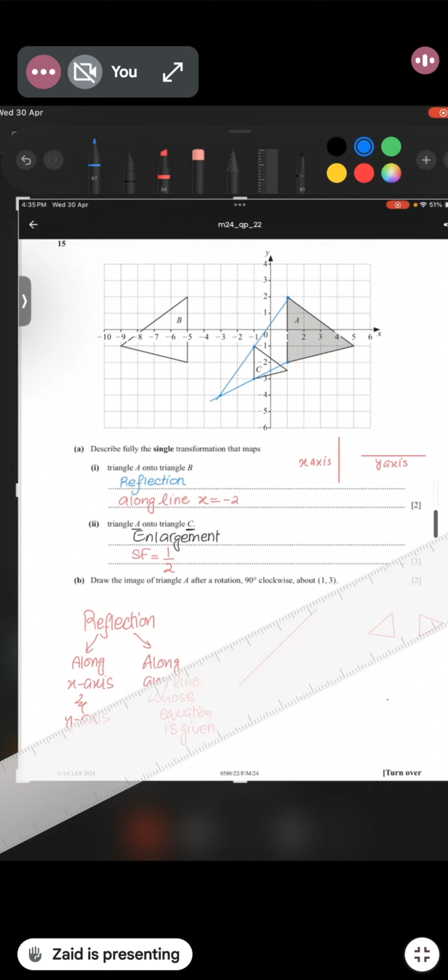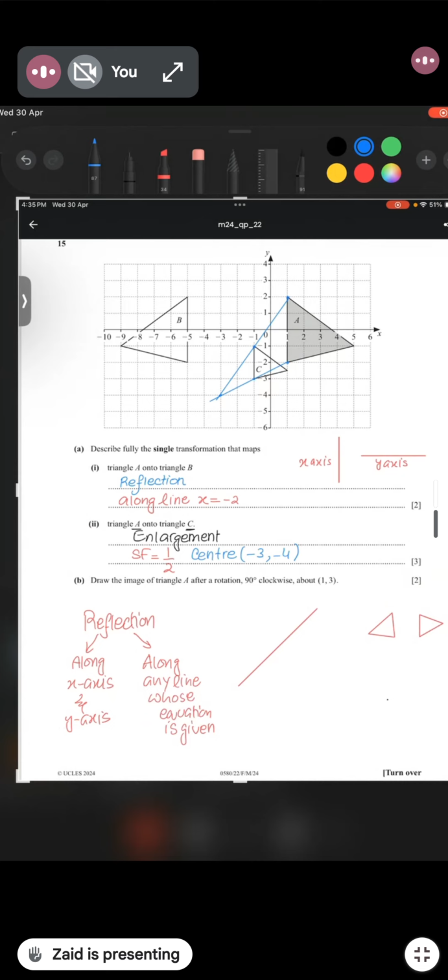So the center of enlargement is almost -3 and -4. Okay, सबको समझ आ गया?